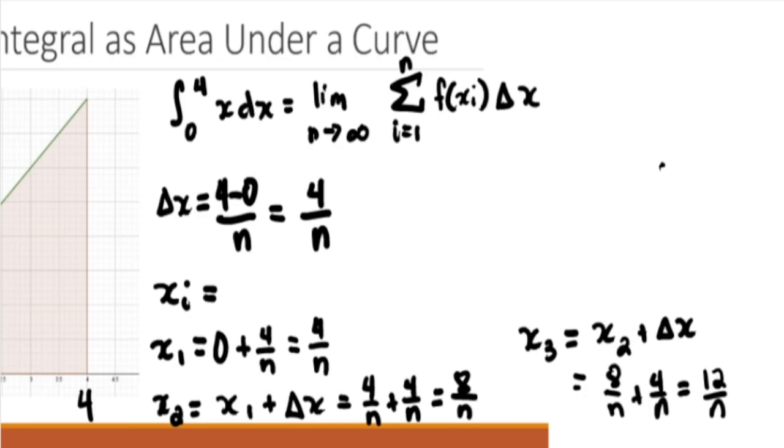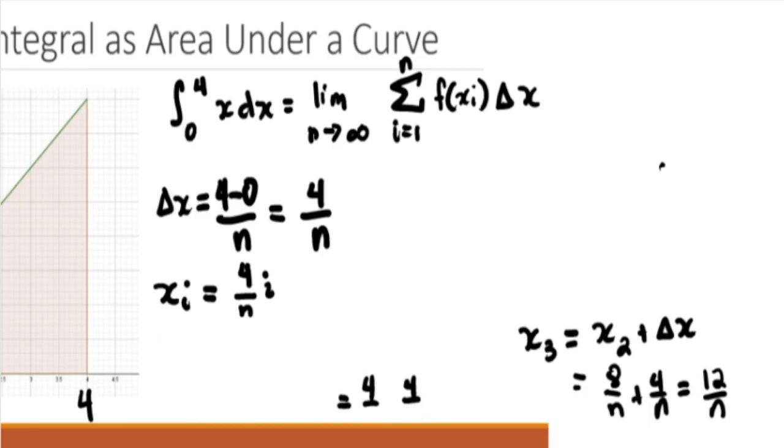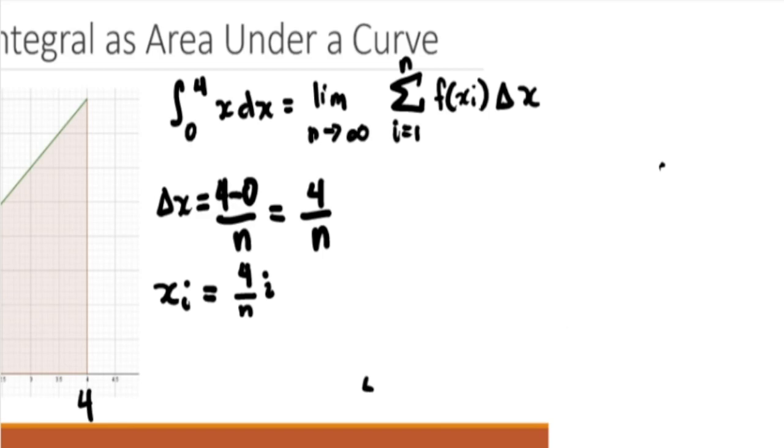So, x sub i would actually be 4 over n times i. Okay, let's just erase these scratch. Now we have delta x and x sub i.